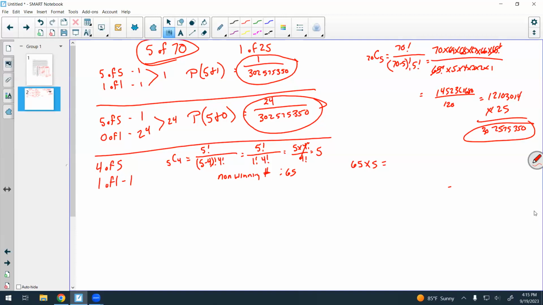And I believe that is 325. So again, 325 ways to do this. Multiply. And we have our probability of 4 and 1 is 325 over 302,575,350. Is this making sense? We're just doing the combination stuff.